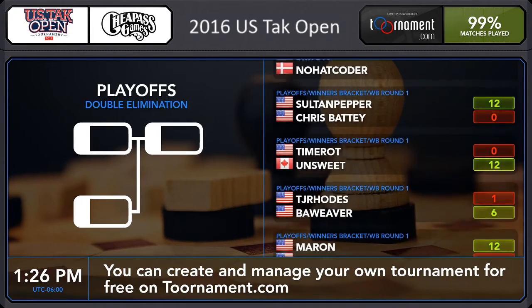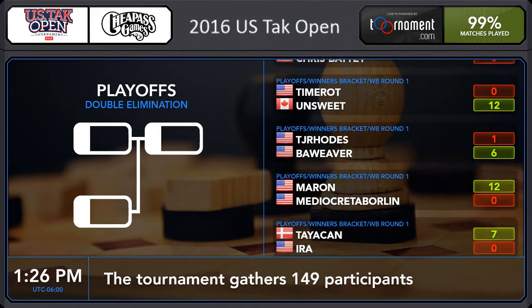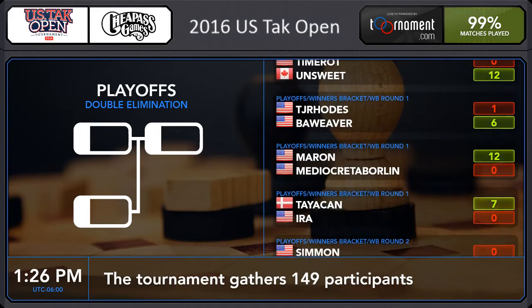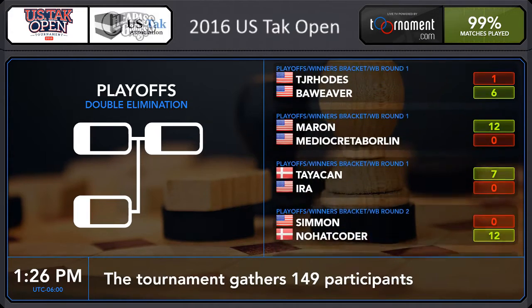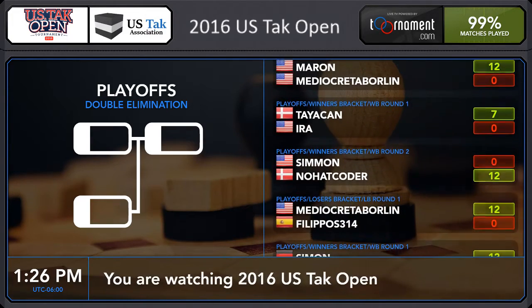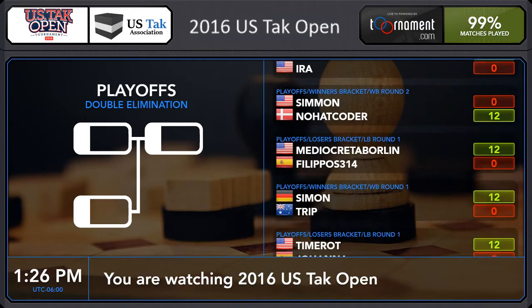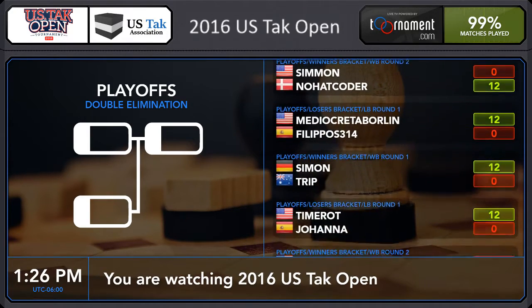So as we can see here, Simmon is leading Ally. Let's see if players want a brief intermission before game 2. It looks like they may not want one. Let's see if we're going to get going right away.